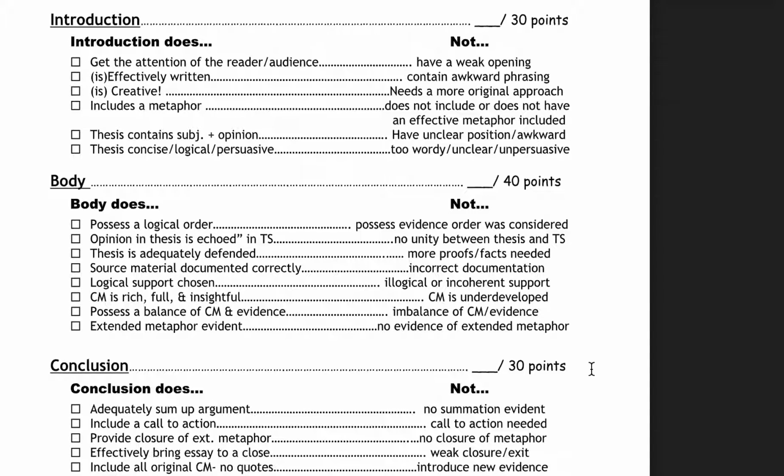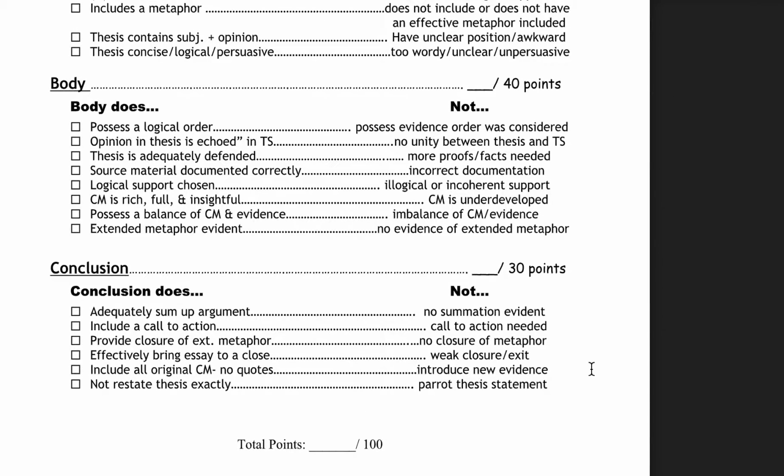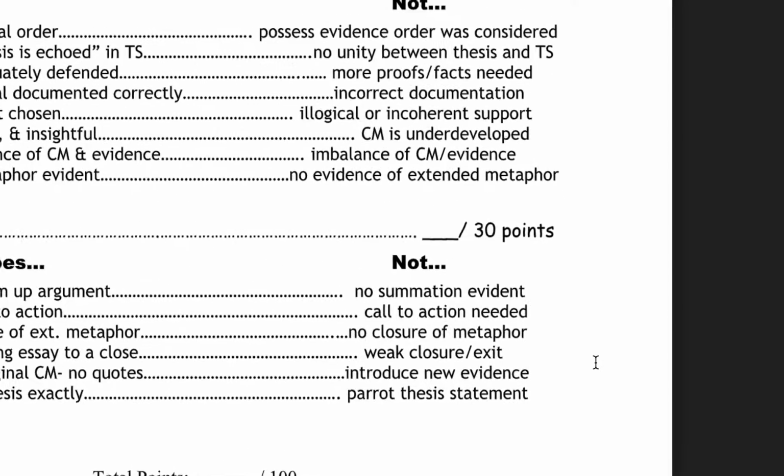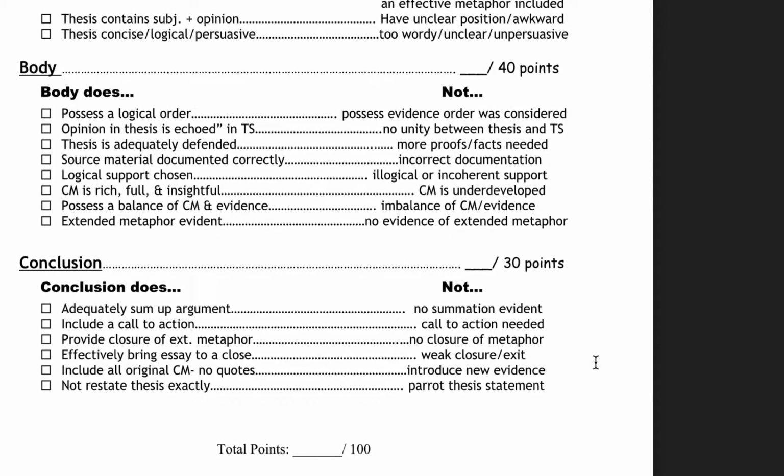Okay, the next piece that we're going to look at is the body of your paper. The body is worth 40 points. And in the body of your paper, I'm going to be looking at each paragraph, picking it apart to see if I see all of these elements contained within each paragraph in the body of your paper.